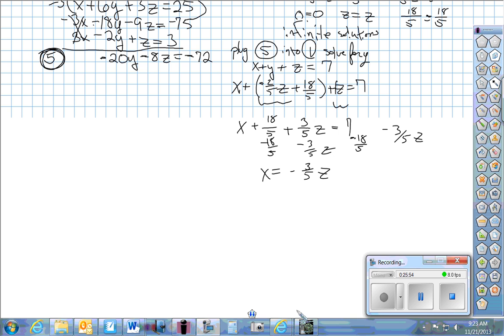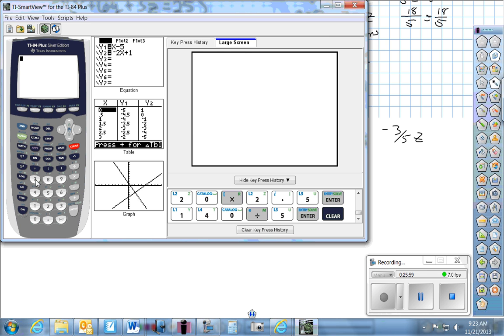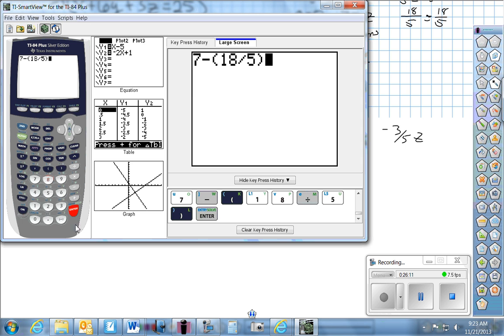I'm going to do that in my calculator because really, at this point, I don't like doing much anything. I like saving paper because this stuff takes enough paper by itself. So I'm going to have 7 minus, in parentheses, 18 divided by 5. And it gives me a decimal. Maybe I want to keep everything as a fraction because it seems like everything else is a fraction.